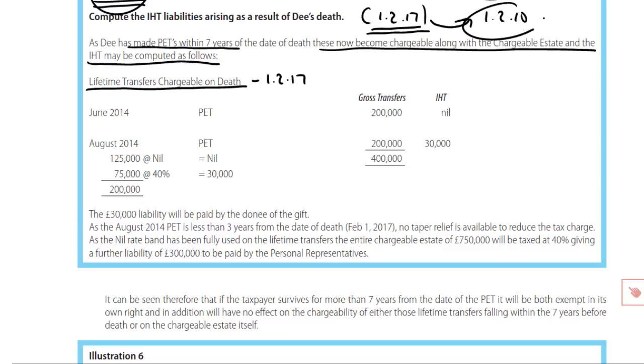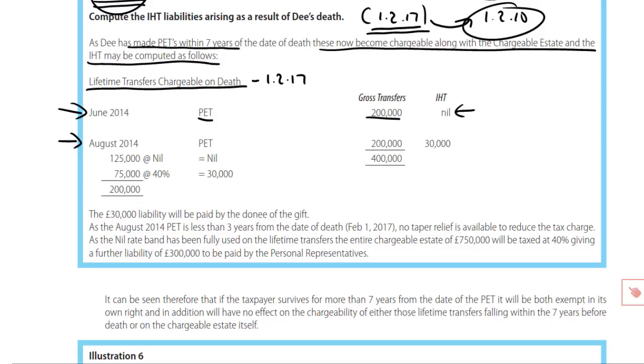Back 7 years, that would be to February 2010, and then come forward and list out the first transfer made in that 7-year period. Well, as we know, it was June 14. It was a PET. The gross amount of that transfer was £200,000. That is less than 325, so it's all covered by the nil rate band. There is no tax.